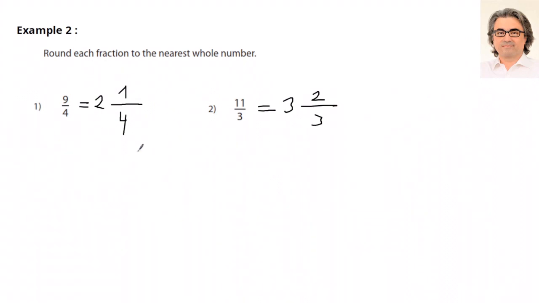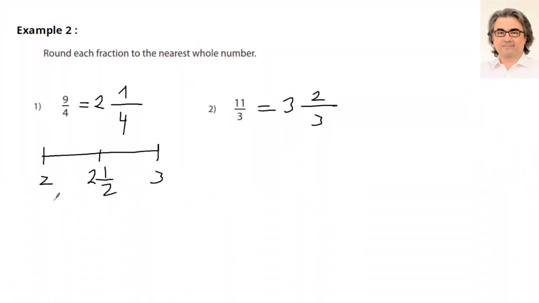Now, we may find the integer for these two mixed numbers, like in the first example. Now, 2 and 1 over 4 is between 2 and 3. Here, the midpoint is 2 and 1 over 2.